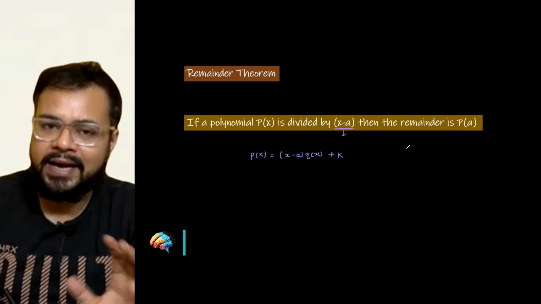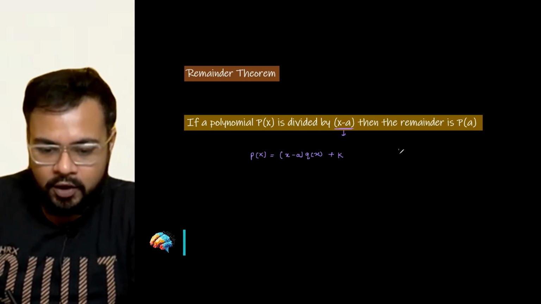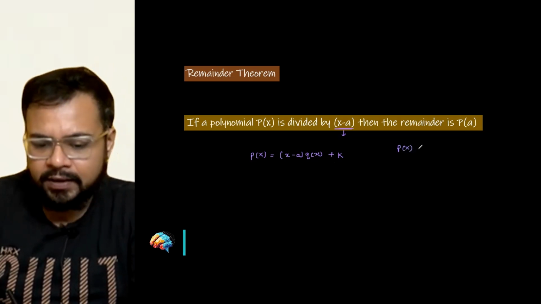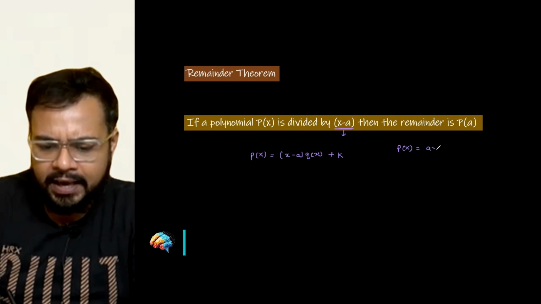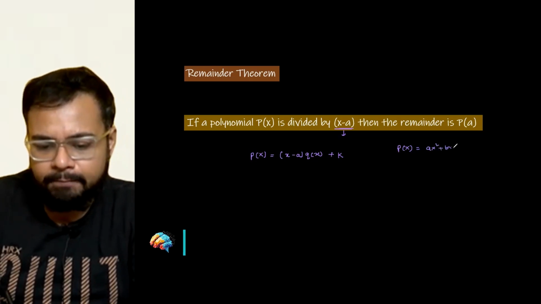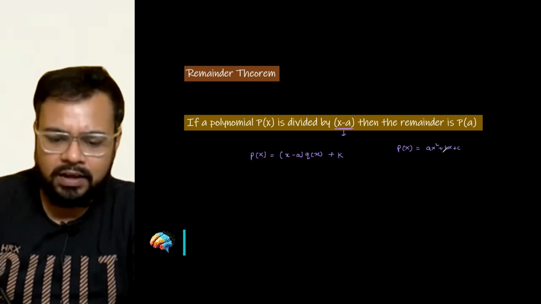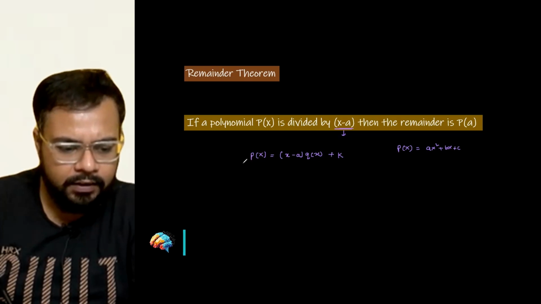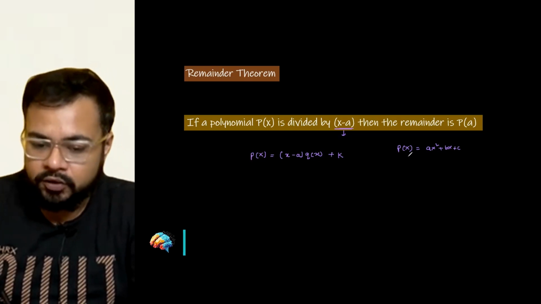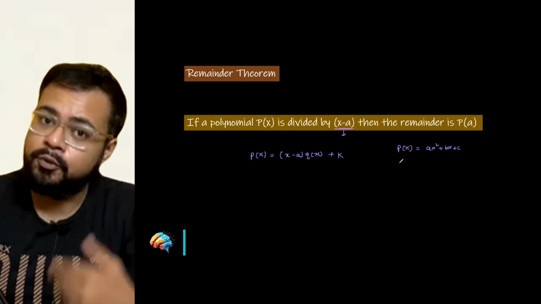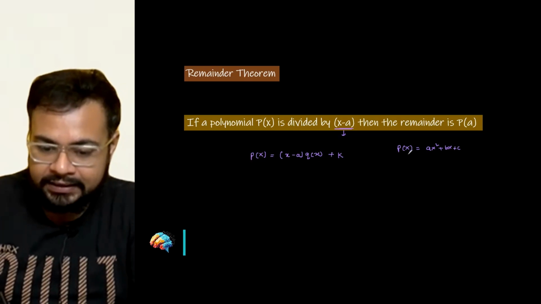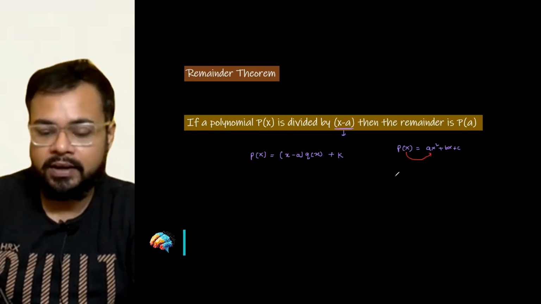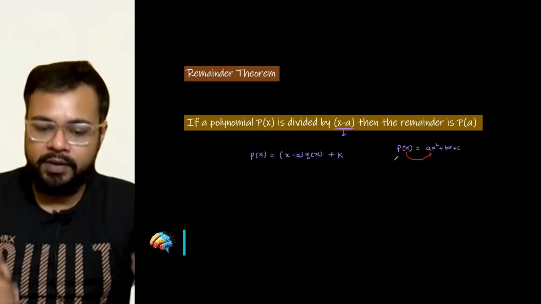We know that in any polynomial, let's say p(x) is equal to ax squared plus bx plus c, I'm just randomly considering this as an example, wherever there is x, you put anything, and x is substituted everywhere. That is how a polynomial works.